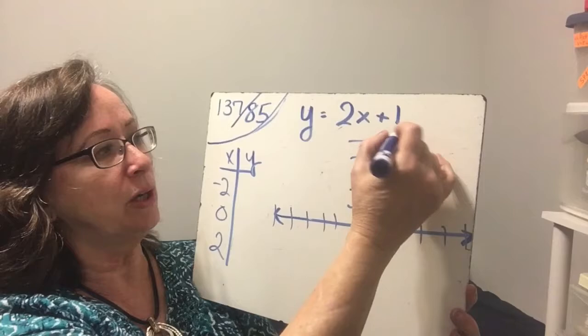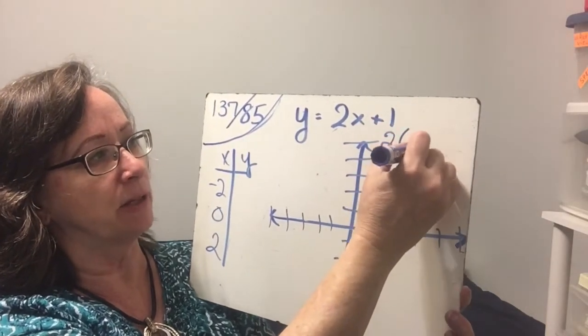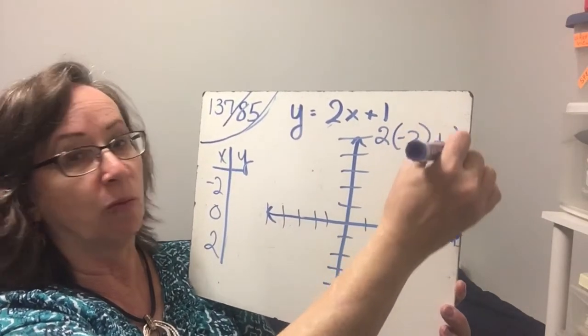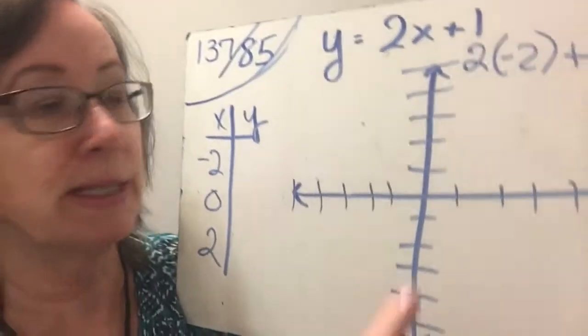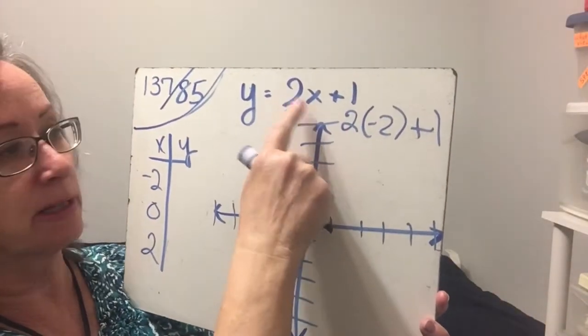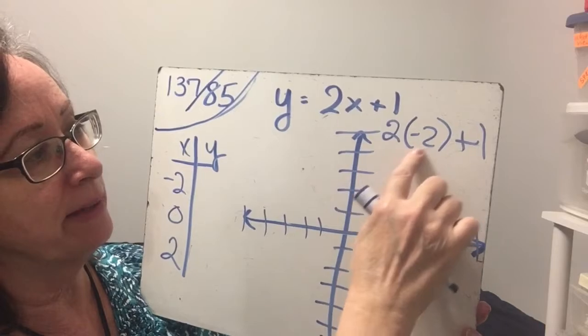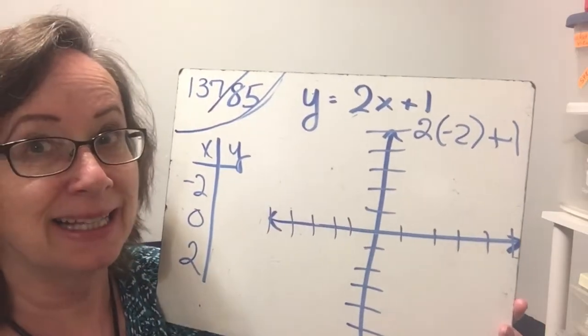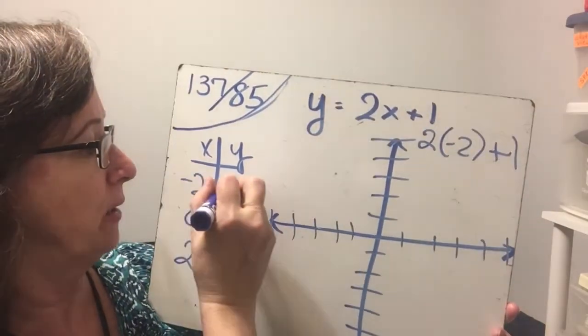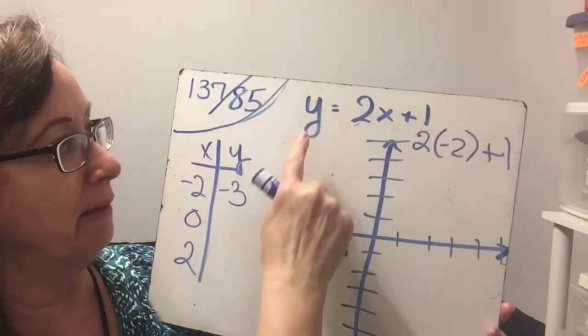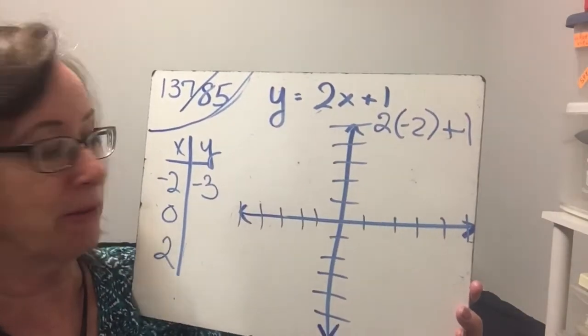So what is 2 times a -2 plus a 1? I'm going to just substitute those into this equation, and I end up with -4 plus 1 is a -3. So -2 means that the y value would be -3.